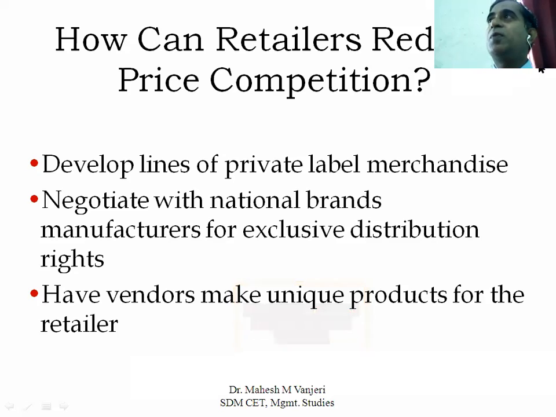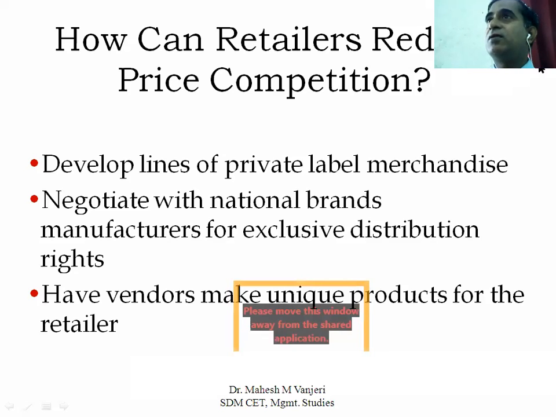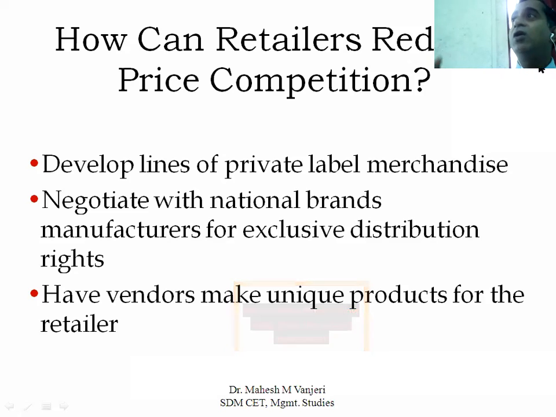Among organized retailers, they have an intelligence department that gathers information about competitors. If the majority or the direct competitors are reducing the price, this retailer is also forced to reduce the price, thereby reducing everybody's profits. Are you able to understand? So how do we reduce that price competition? Price competition is not good for companies. All companies end up making low profits.